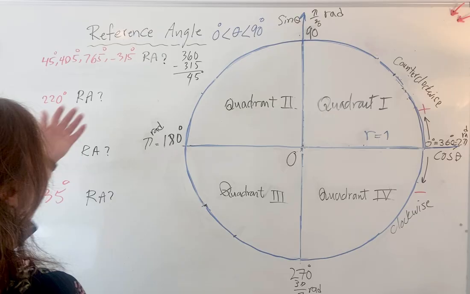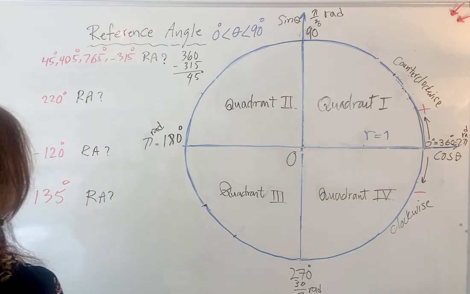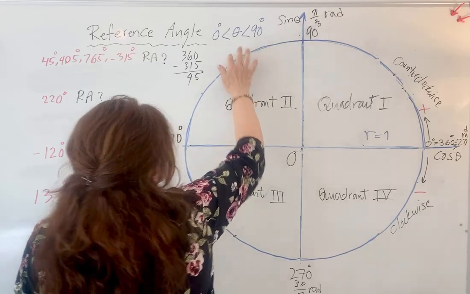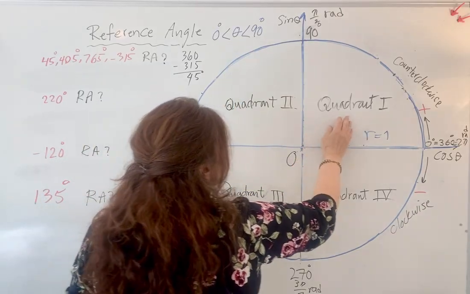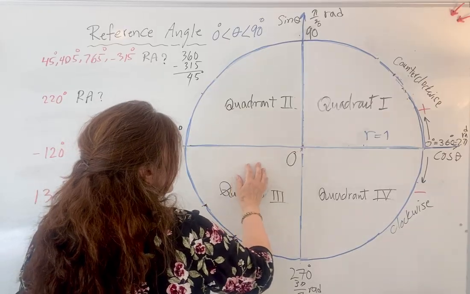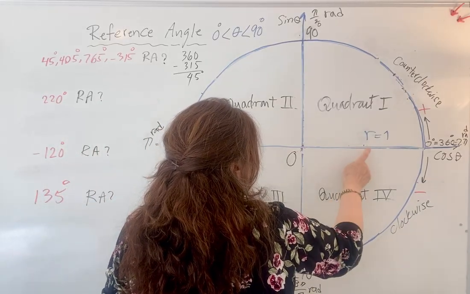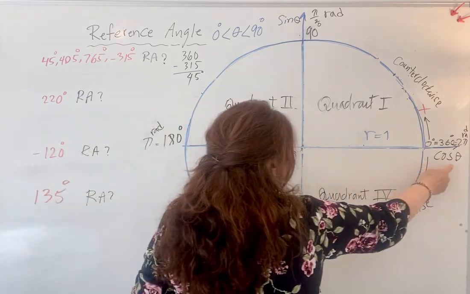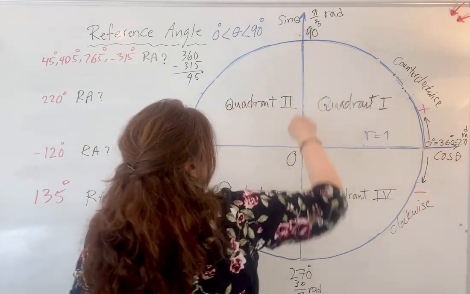Okay, what is the reference angle? A reference angle is an angle in this quadrant. This is the first quadrant. This is the second one, third one, and fourth quadrant. Here is cosine. This axis is cosine of theta. This is sine of theta.